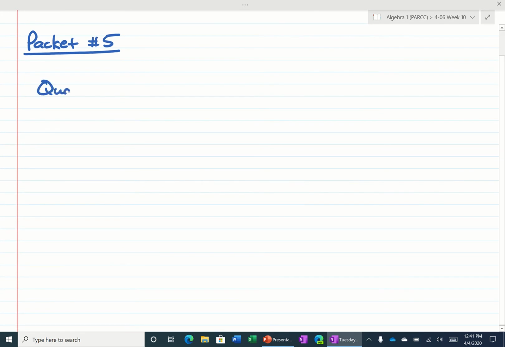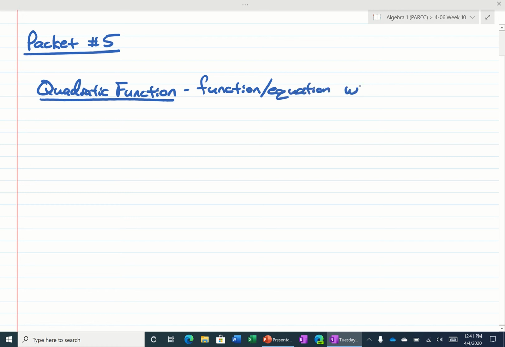The first thing is called a quadratic function. What a quadratic function means is it's a function or an equation where the highest degree is 2.